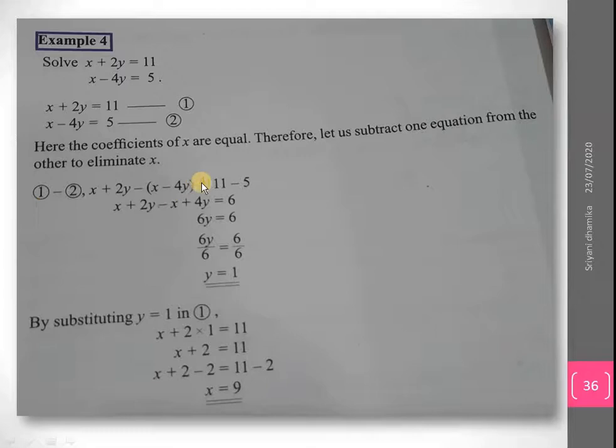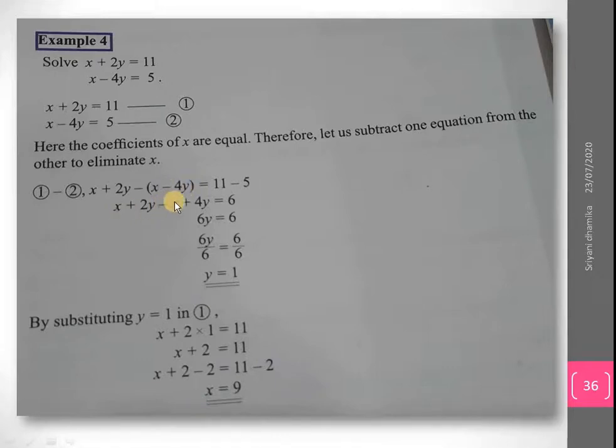Now write the step here. Subtract the second equation from the first one. So write x plus 2y, the terms of the first equation. When we write the terms of the second equation, we should write the subtraction mark because we are going to subtract, and the terms should be written inside a bracket.